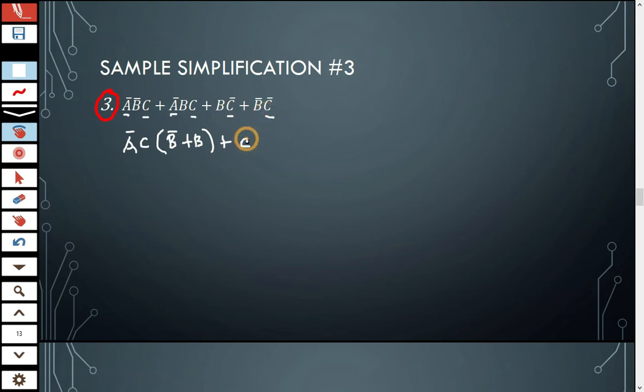So we can state here not C times B plus not B. So not B plus B.